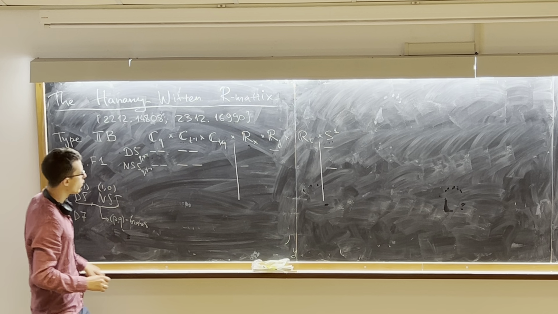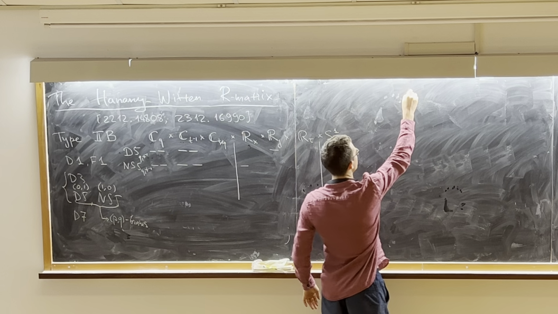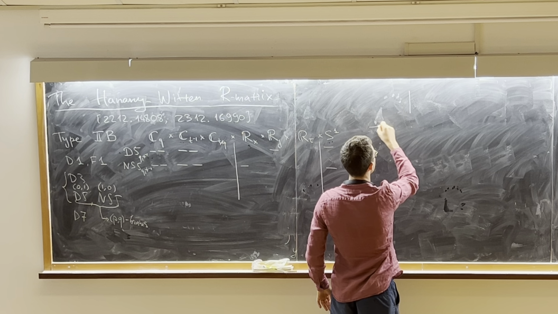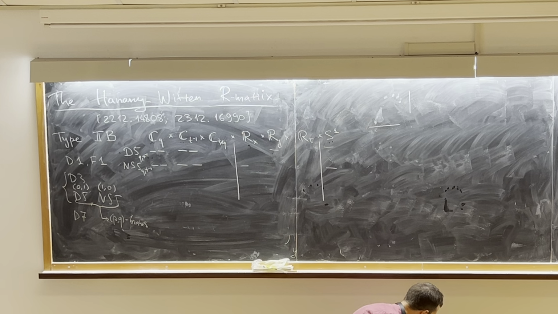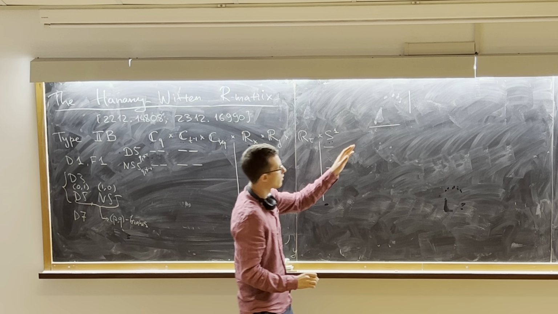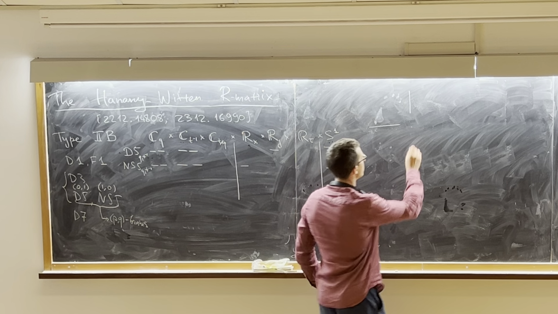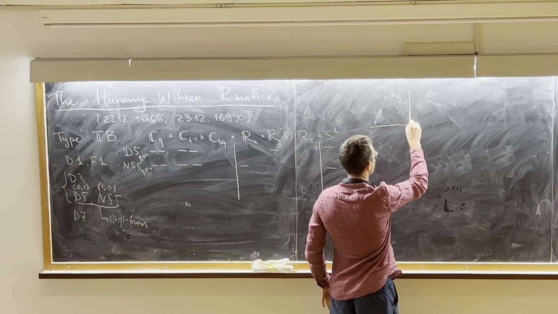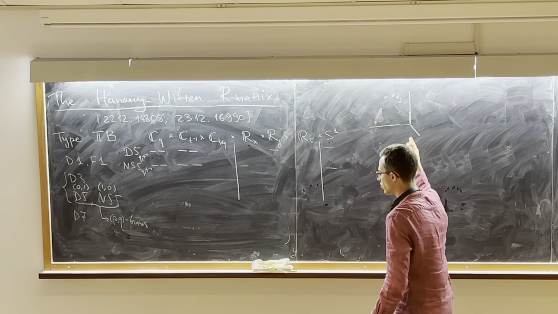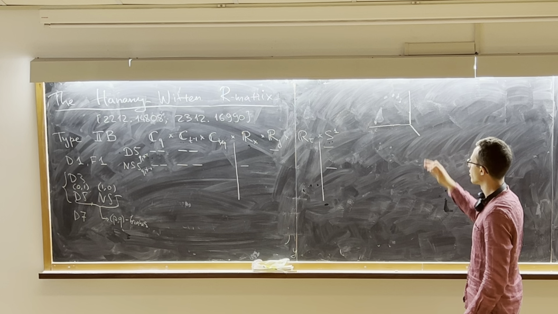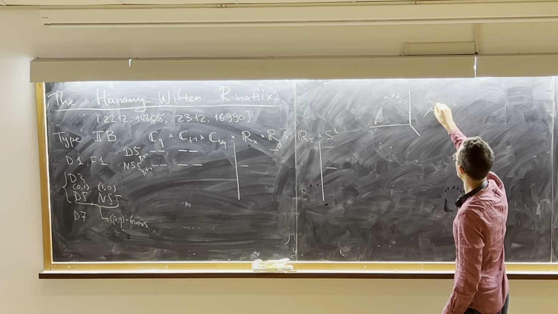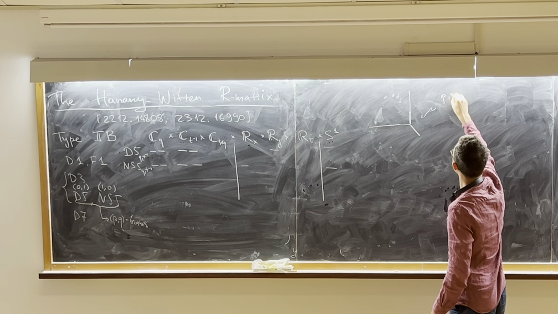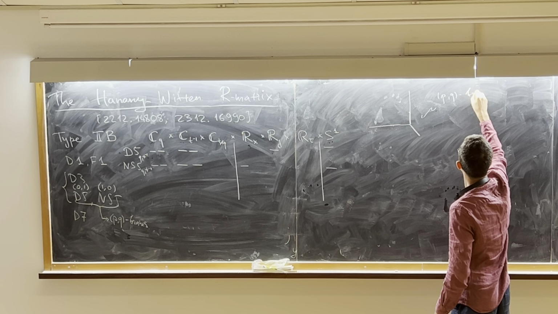Now, when I have vertical and horizontal lines, which represent 5 branes, of course, I can ask myself what happens at the junction, and the junction is possible in this type 2B setup, giving rise to so-called PQ brane webs.